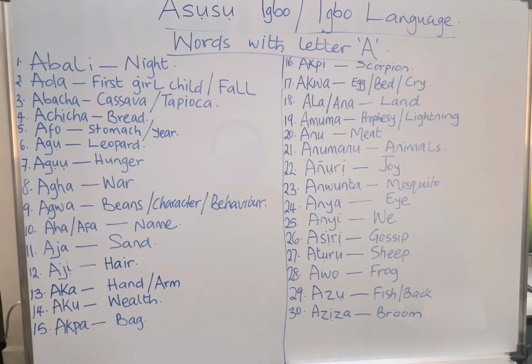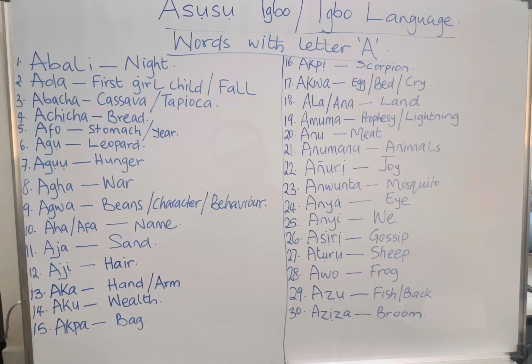Gradually, we are going to be picking it stage by stage, one after the other. But for today's lesson, we are going to pronounce the few words we have here. We have about 30 words that start with letter A. So we are going to do it together once again. Listen to the sounds, because here we have some words which would sound differently.